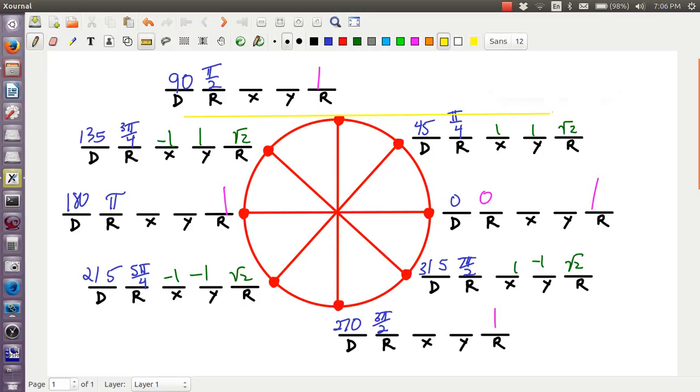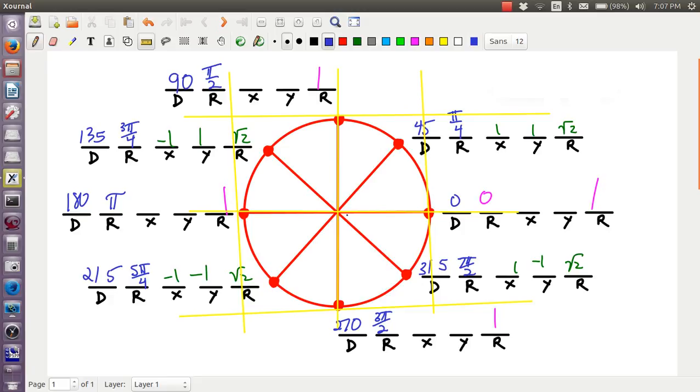There's the y equals 1 line, y equals negative 1, x equals 1, x equals negative 1. That's one axis, this is the other axis. So you're part of a Cartesian axis system.